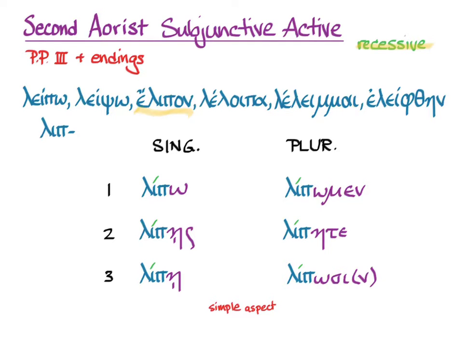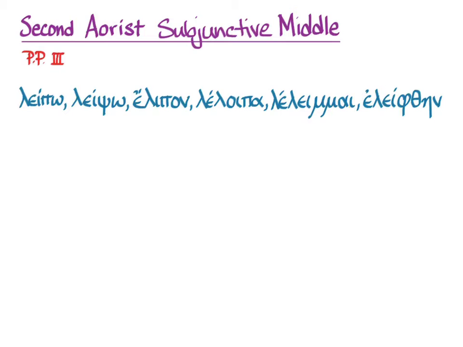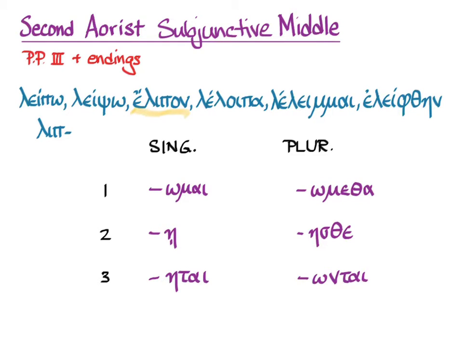But of course, we also need it in the middle. And by now, you should recognize the pattern, principal part 3, and we're going to use the unaugmented tense stem from the third principal part. We're going to need some endings. And again, these are going to be familiar looking endings because they are the subjunctive middle and passive endings that we've already used for the present.